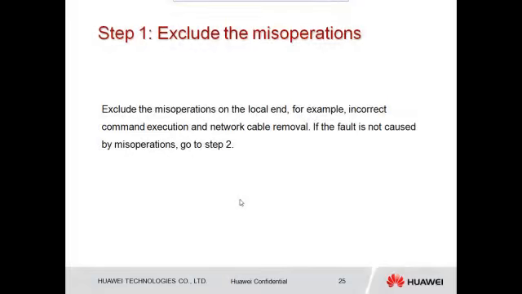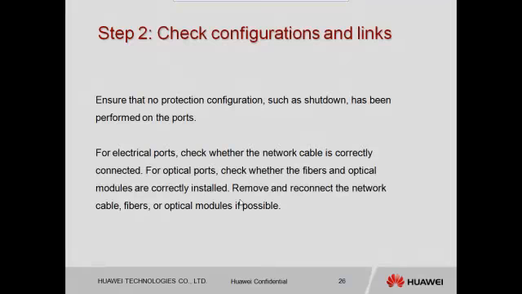So step 1, we need to exclude the misoperations. For example, incorrect command executions and network cable removal. If the fault is not caused by misoperations, go to step 2. Step 2, we need to check configurations and links.